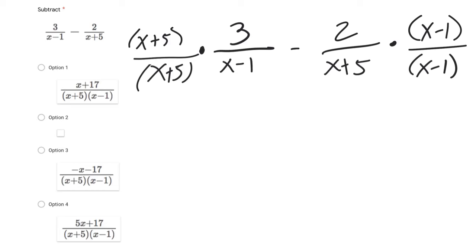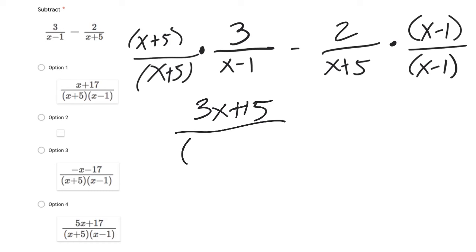So now I'm going to combine the 3 into the x plus 5. I could even write it as 3 and then parentheses x plus 5. But if I did that, it's not going to match my options for my answers. So I have 3 times x is 3x, 3 times 5 is 15. All right, so I got 3x plus 15.